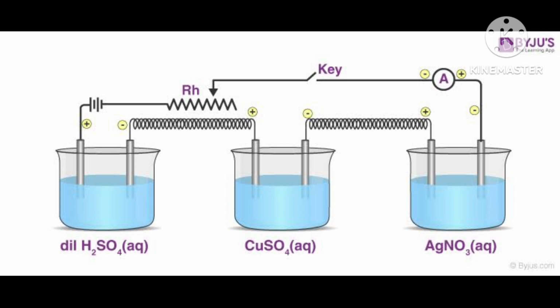Now you can think what will happen. NaCl is there, H2O is also there. Then H2O will dissociate as H+ and OH-. Then it will go to the opposite charge. It can form NaOH also. You will get NaOH because Na+ and OH- are there. Now you have understood how NaOH is coming.